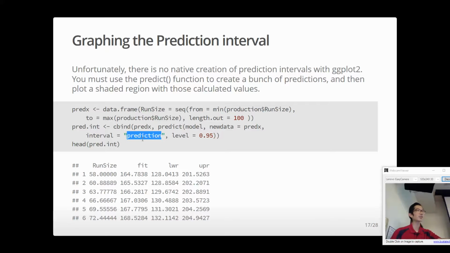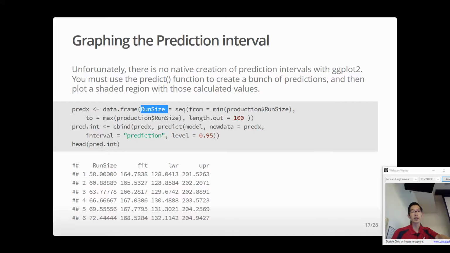Are these lines of code okay? It's a little too complicated? No, we're okay. When you replace your own data with it, it'll work. You just have to be careful with the variable names, right? So when you create the prediction interval, you use this function predict.